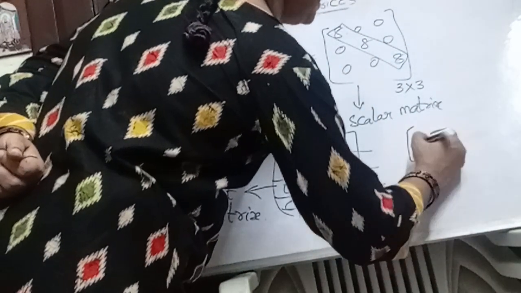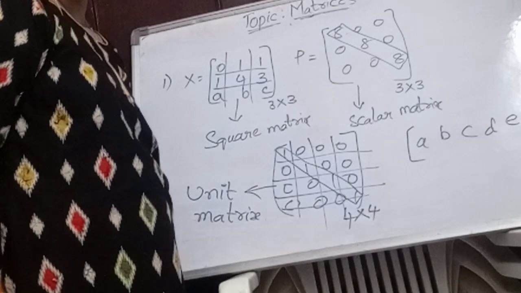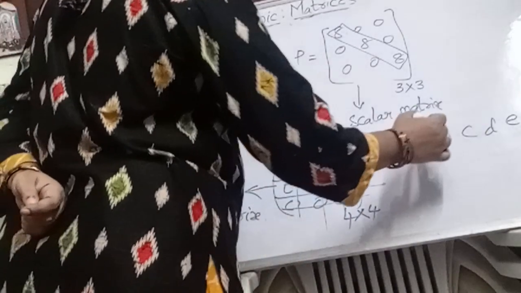And one more. Say, for example, A B C D E F. This is a matrix with only one row.